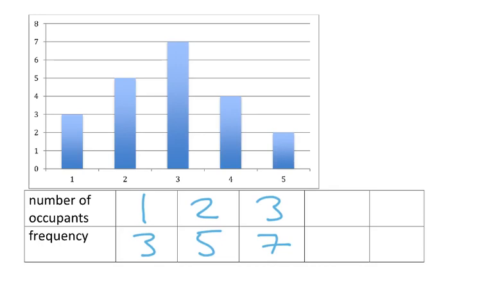In the next bar, the data is 4 for 4 occupants in an apartment, and the frequency is also 4. And then finally, the final bar is referring to units that have 5 occupants, and there are 2 units that have 5 occupants. As we do our calculations, it may be useful to look at the graph. It may be useful to look at the frequency distribution.